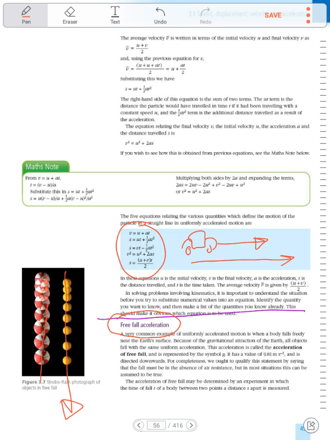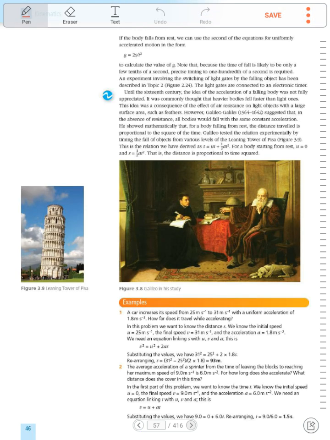But if the object moves downward, then the acceleration equals the acceleration of free fall, which is 9.81 meters per second squared on the Earth. So we will talk about free fall.